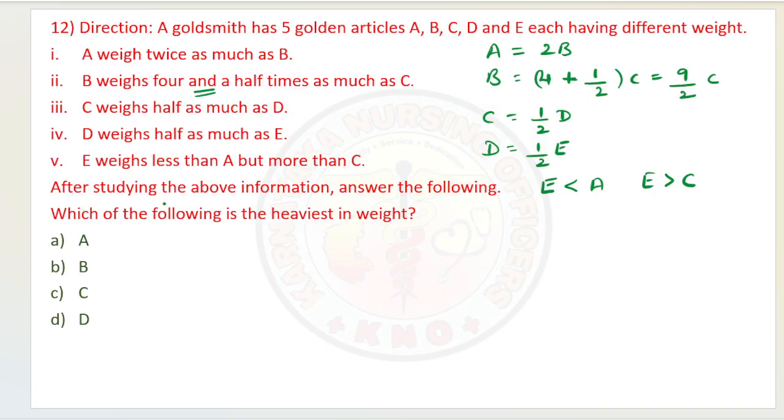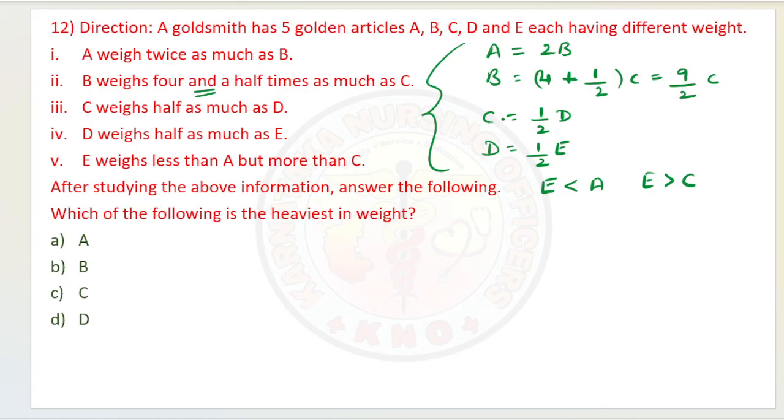After studying the above information, by looking at this data, the articles A, B, C, D, E don't have definite values. They are variables with unknown values. A is equal to 2B, it doesn't have a definite value.